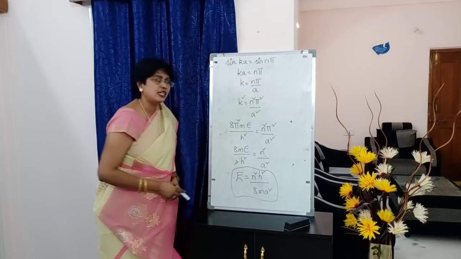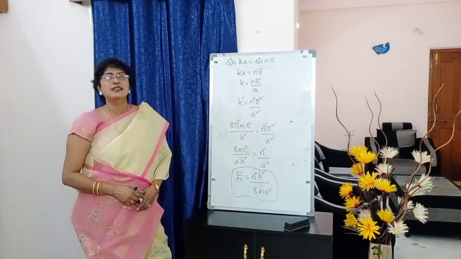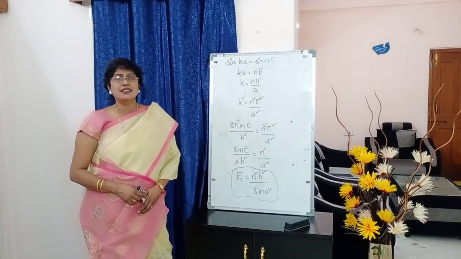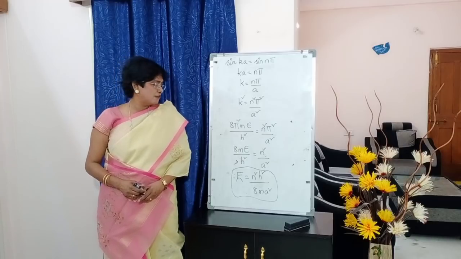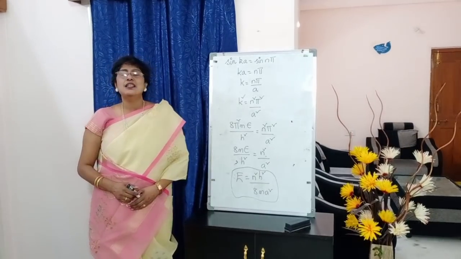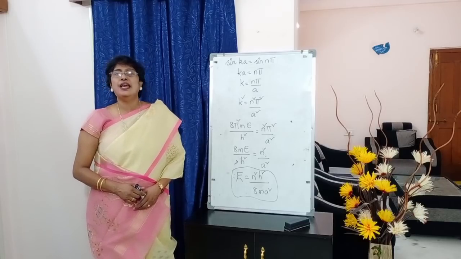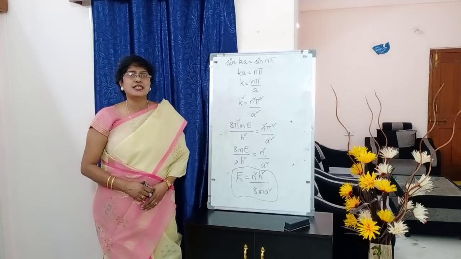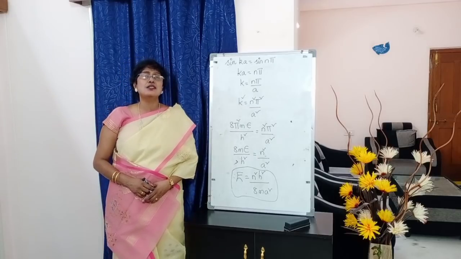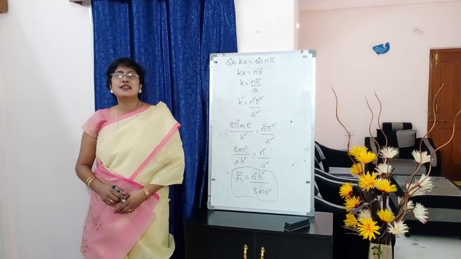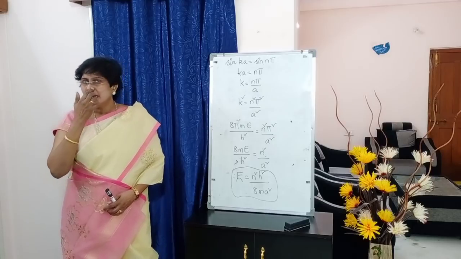So, energy of the free electron can be calculated using Schrodinger wave equation, which is moving in a one-dimensional box where inside its potential energy is considered to be 0 and outside and on the walls its potential energy is considered to be infinity, students.